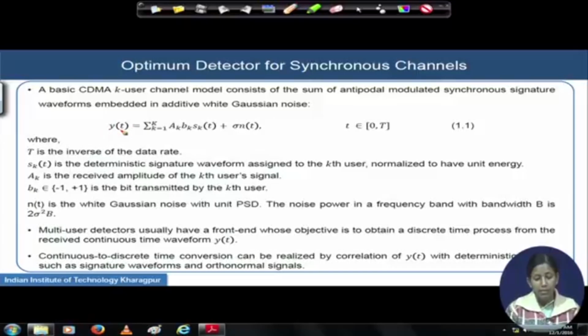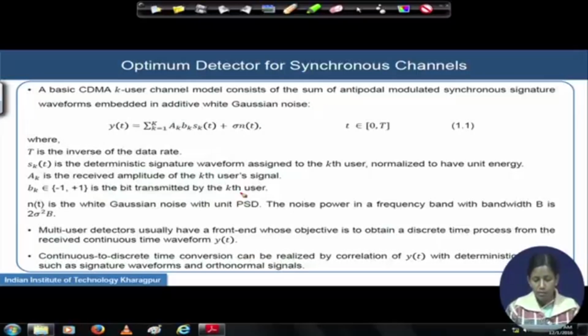And this can be easily done. We have seen the correlator based structure and match filter architectures, which help us change the continuous domain received signal into a vector form. We can get the sampled output at the output of the match filters.